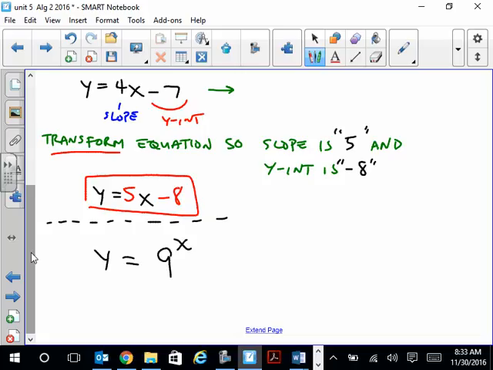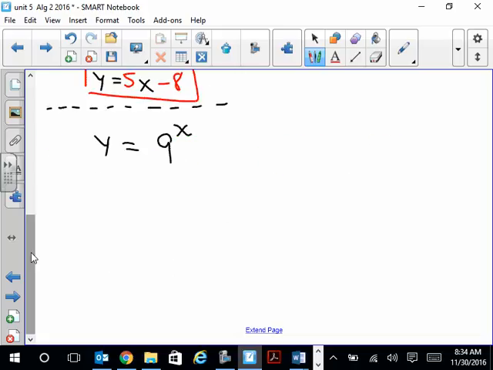This one, they only want you to transform one thing, so that the y-intercept is, let's make the y-intercept 2.